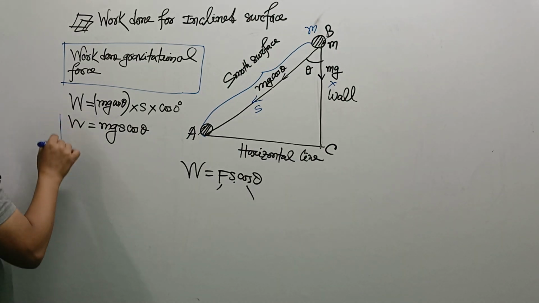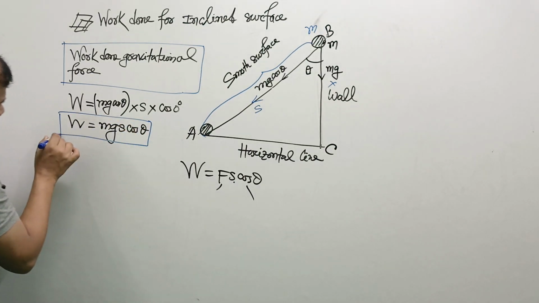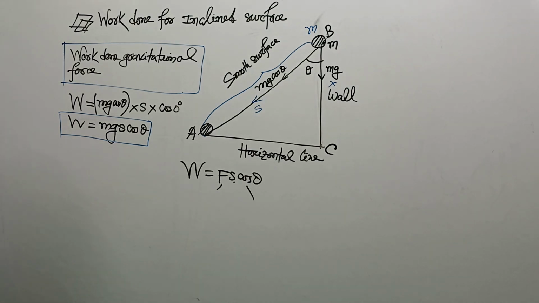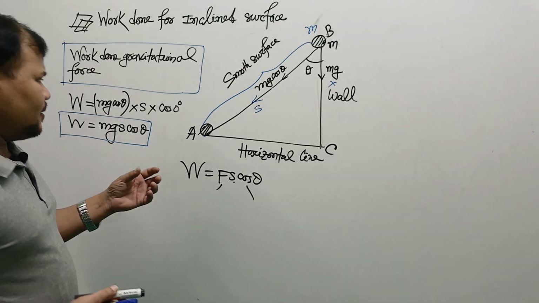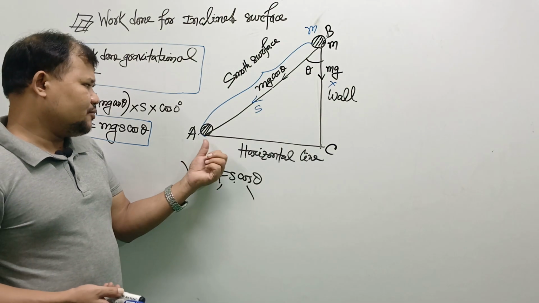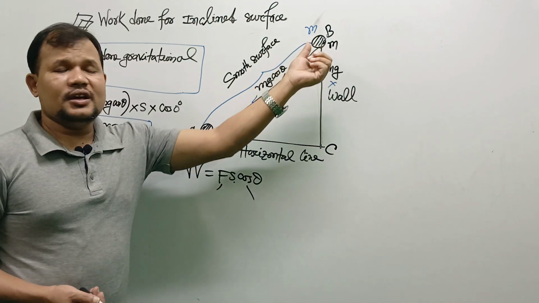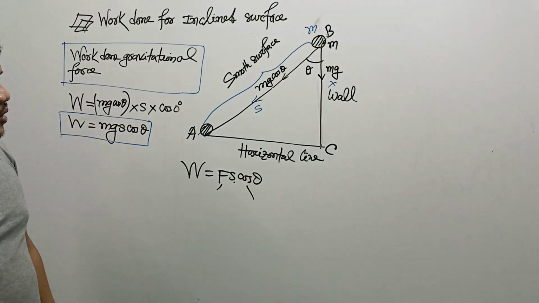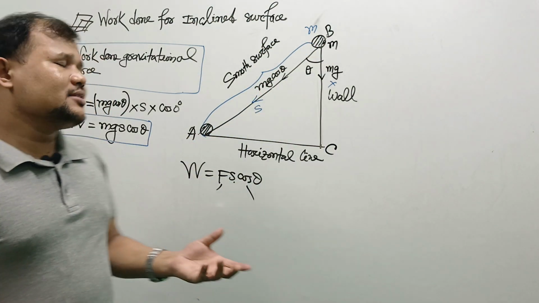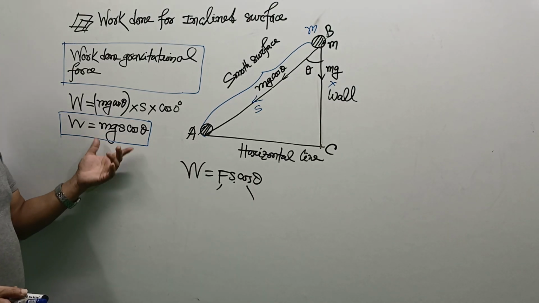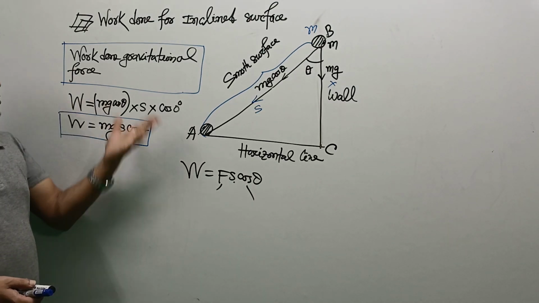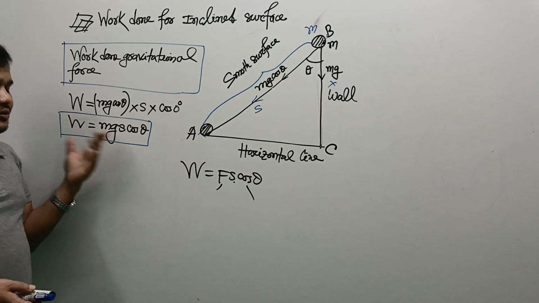My dear students, I think all of you clearly understand. If a person or any kind of object is taken from A to B, then the same amount of work done will be against gravity, and this is the positive work, and in this sense the other will be negative.